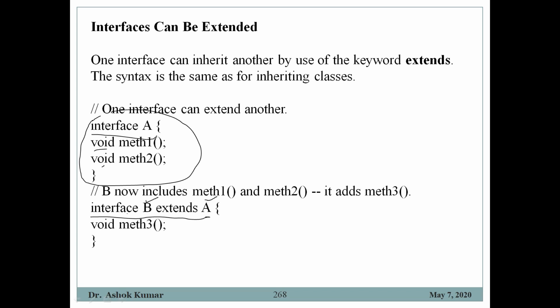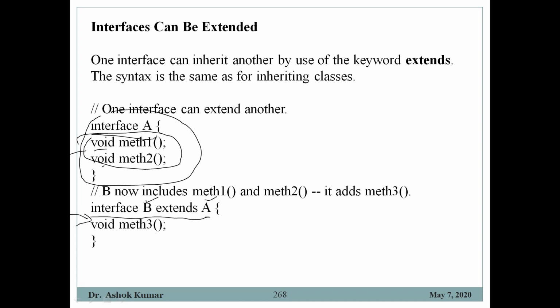So in B there will be three methods, math1, math2, and math3. These two methods will get inherited into the B interface.